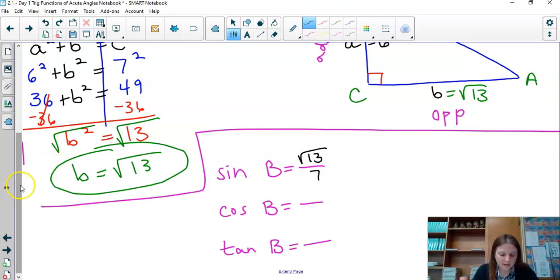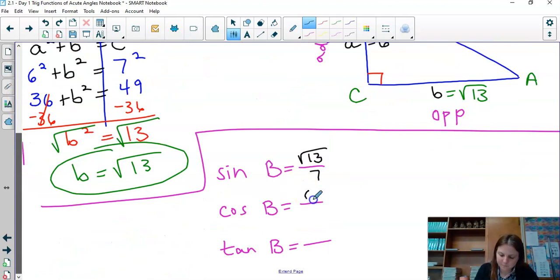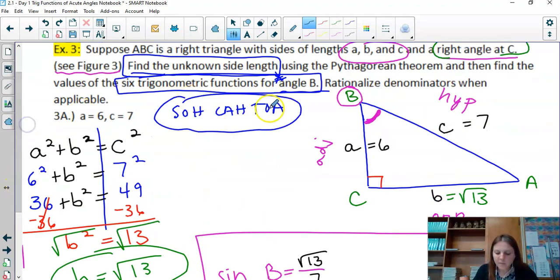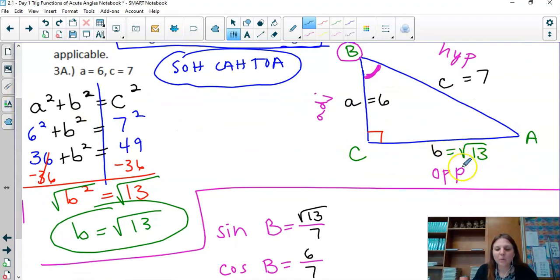The cosine of angle B is the adjacent over the hypotenuse. 6 over 7. And the tangent is the opposite over the adjacent. So if we're looking at angle B, that would be the square root of 13 over 6.